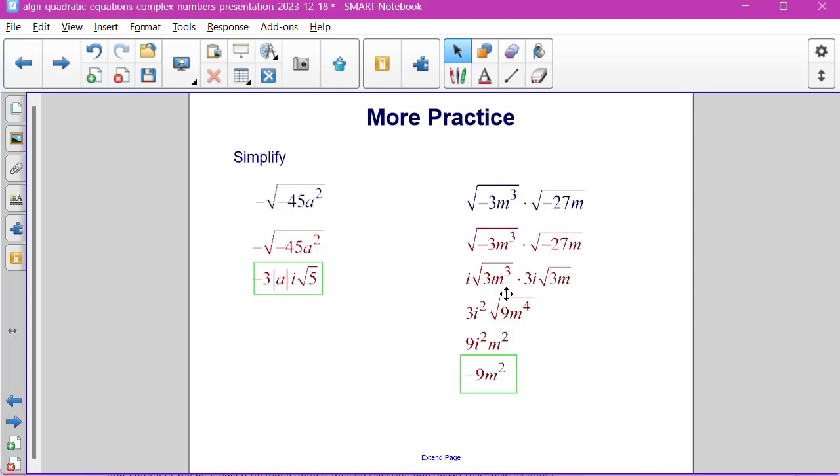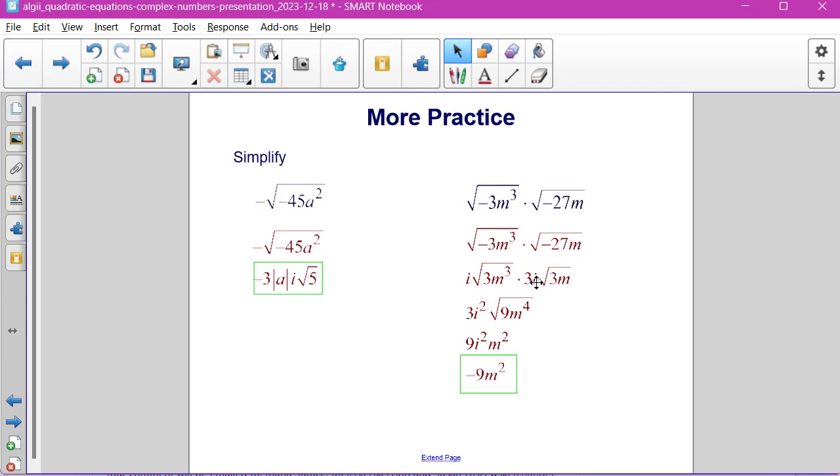Here are the solutions to the additional practice problems that we worked through, and they do match the solutions that we found. Now this one was solved in a slightly different way, but it is absolutely valid. They first brought out the i's, and they also brought out a 3 because 27 can be broken down into 9 and 3.